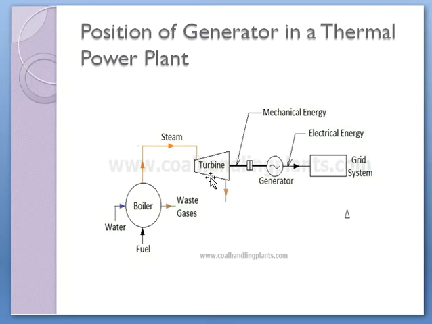The turbine converts the heat energy of the steam into work, and this mechanical energy of the turbine is now converted into electrical energy in the generator, since the turbine is connected to the generator through the same shaft, and the electrical energy of the generator is transmitted to the external grid system through the transmission line systems.